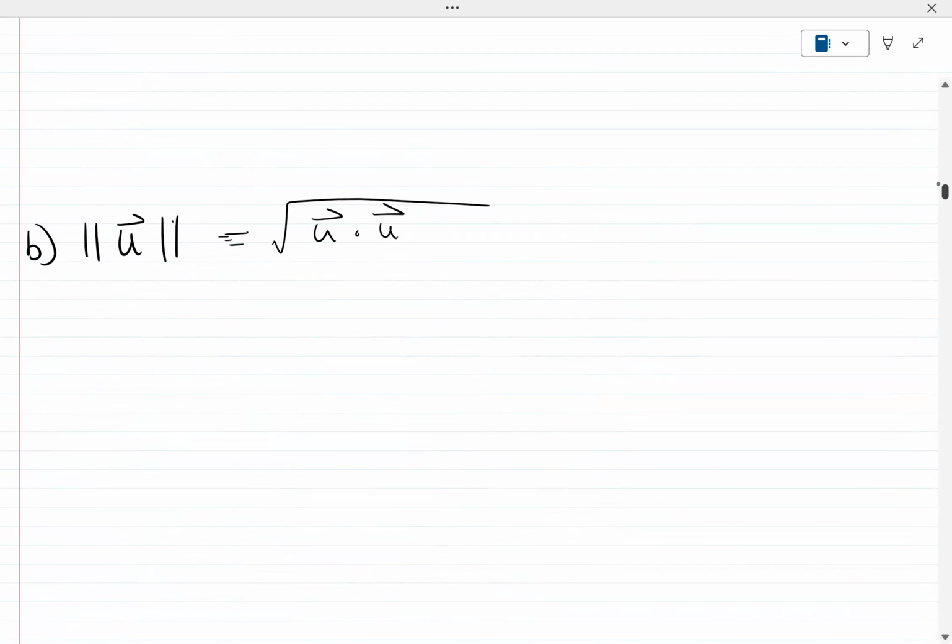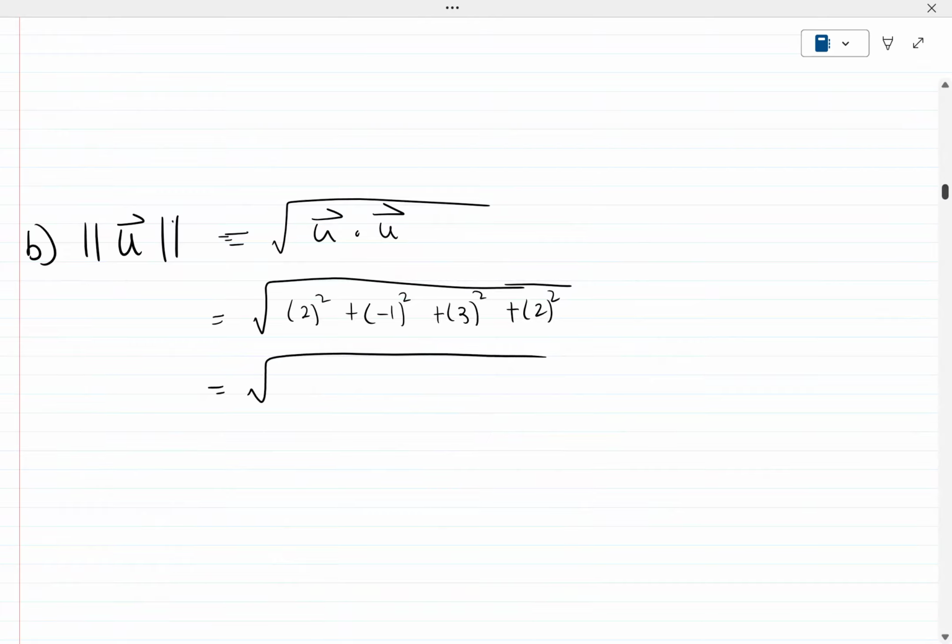That is equal to the square root of 2 squared plus -1 squared plus 3 squared plus 2 squared. When you do this, you get 4 plus 1 plus 9 plus 4, which equals the square root of 18.